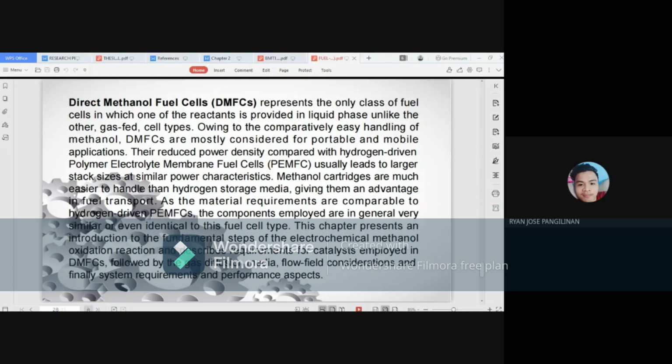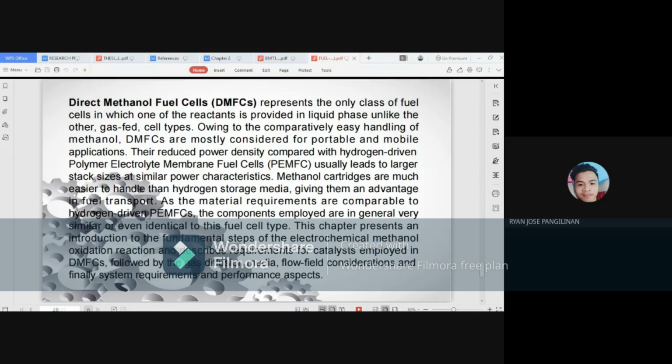The reduced power density compared with hydrogen-driven polymer electrolyte membrane fuel cells, or PEMFC, usually leads to larger stack sizes at similar power characteristics. So methanol cartridges are much easier to handle than hydrogen storage media, giving them an advantage in fuel transport.